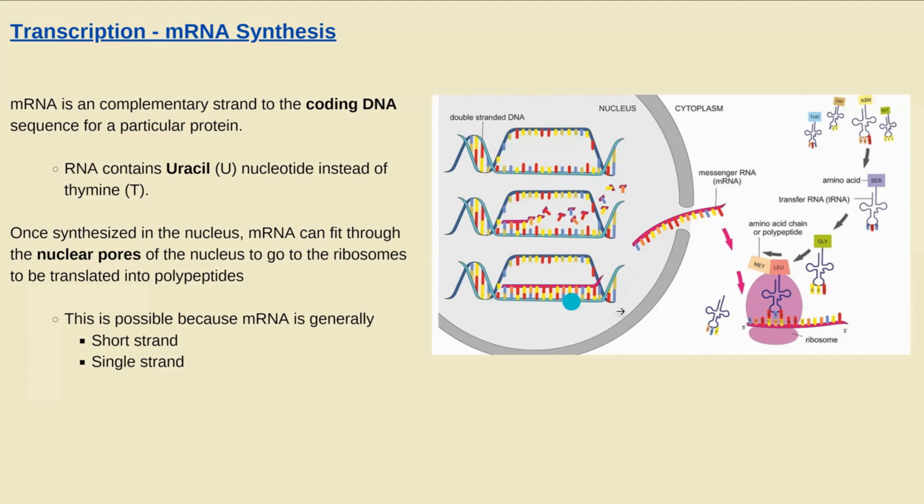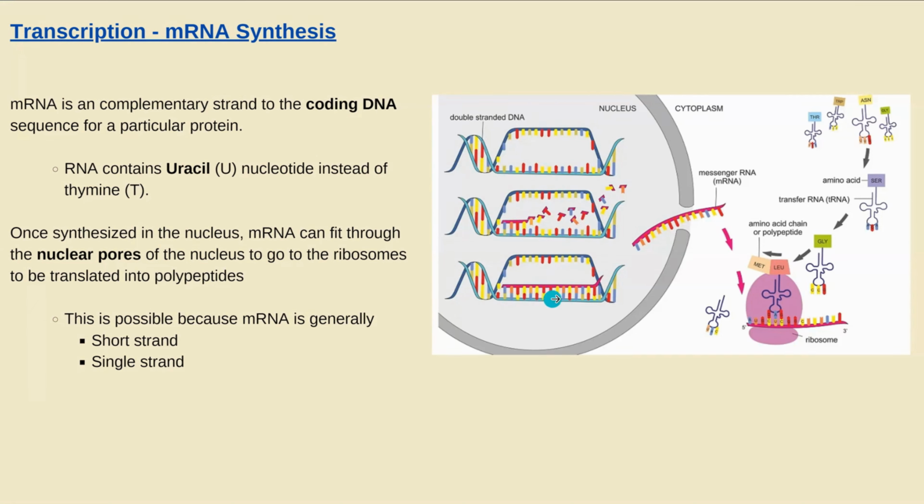Okay, what you see here in this little diagram is basically an overview of what transcription is, with a little bit of translation here. Inside the nucleus is basically the DNA, right? And the DNA will unzip in a particular area of interest, basically a gene, and an enzyme will come in and catalyze the formation of RNA on one particular side of the DNA, that template strand, in which you'll form the mRNA strand.